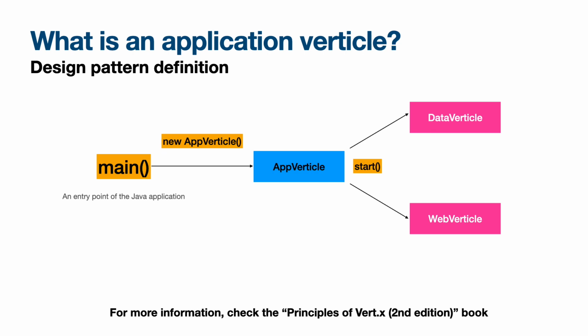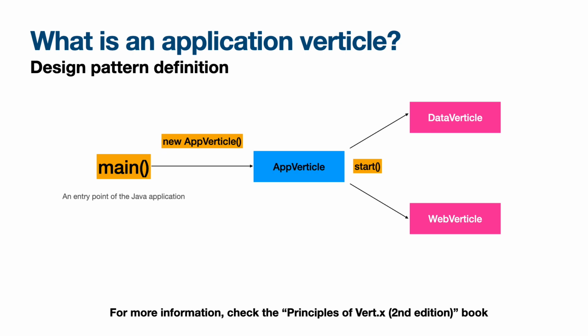So you could see that we still have a main method because we don't have any other way to run a Java program. But inside this main method, we create and deploy the single app verticle component, which in its turn will initialize and deploy other components such as data verticle, web verticle, you name it.